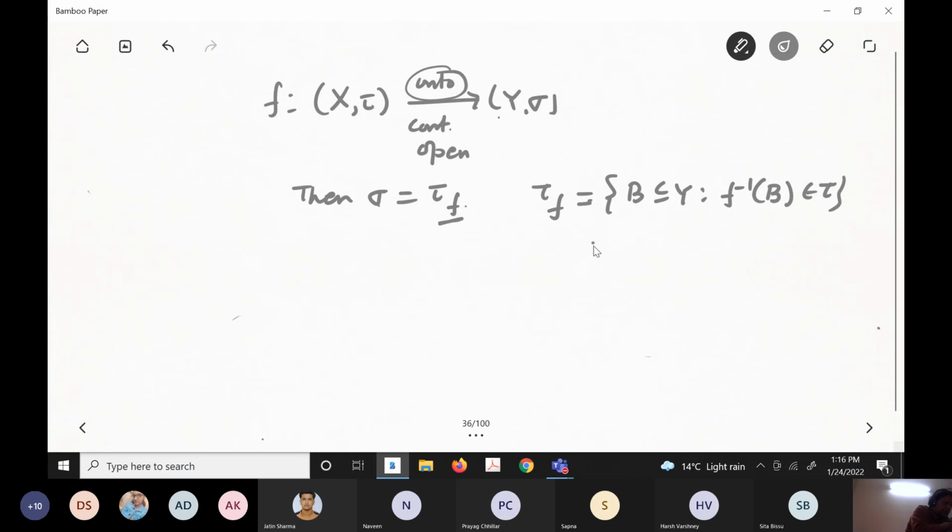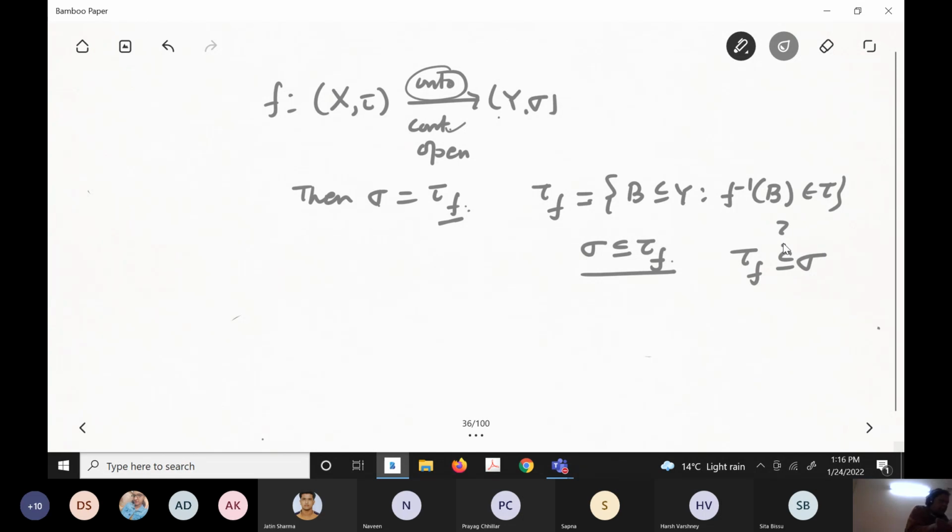So this is immediately proved, provided you know the previous thing that I proved. So all I need to prove is that tau F is contained in sigma.